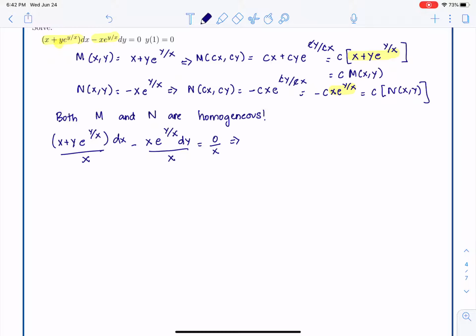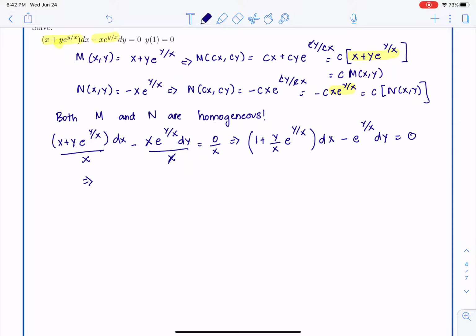Have a common denominator. So I have 1 plus y over x e raised y over x dx, minus the x's would go away, e raised y over x dy would equal 0.